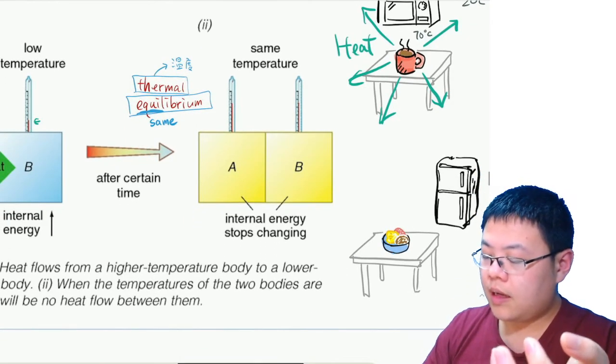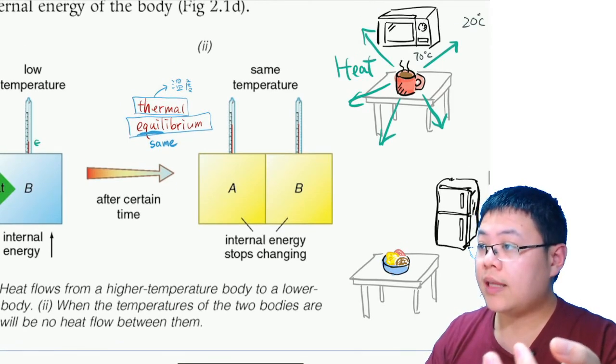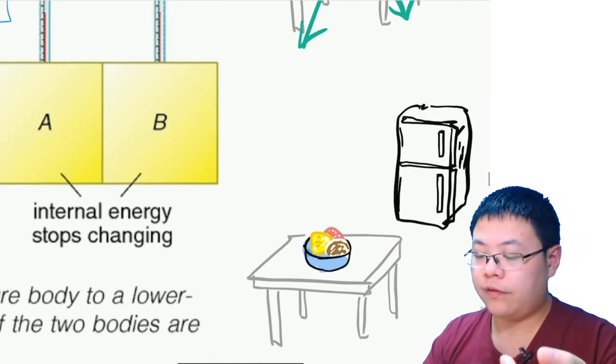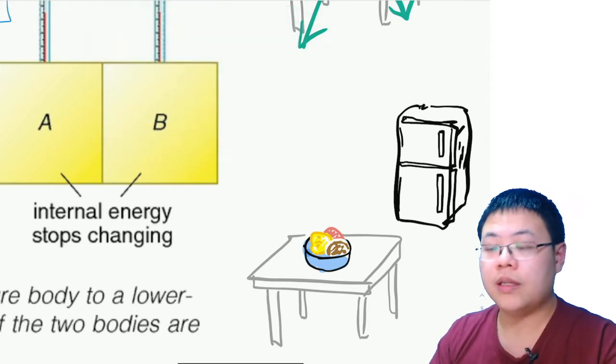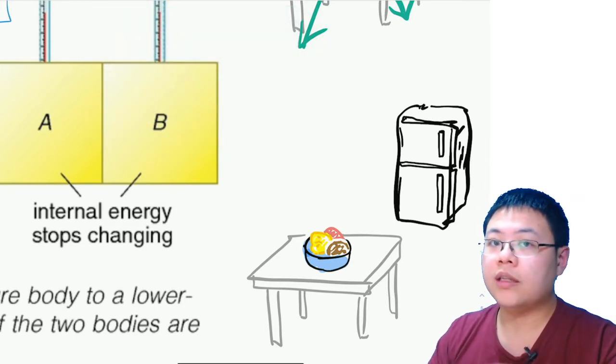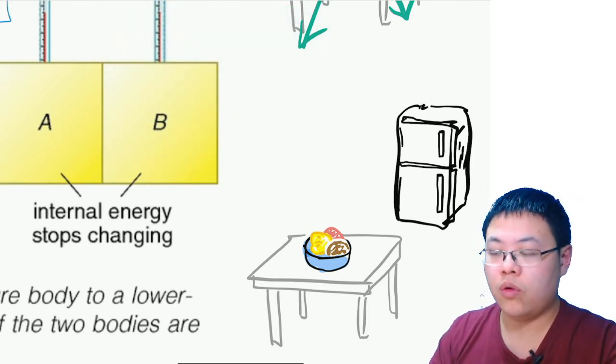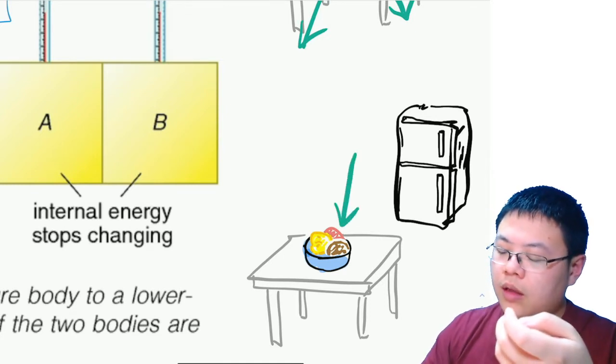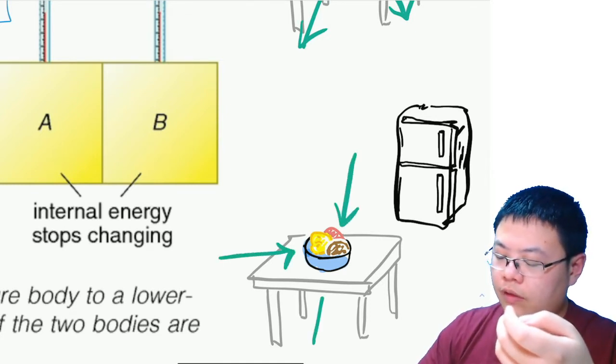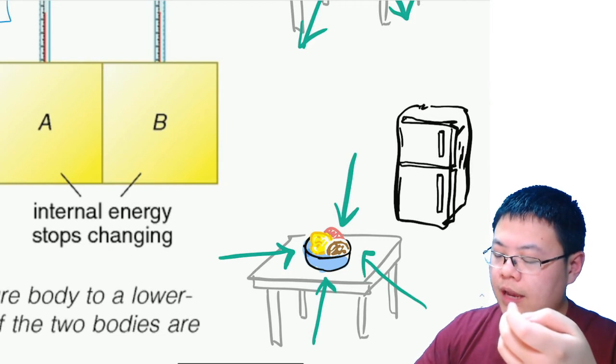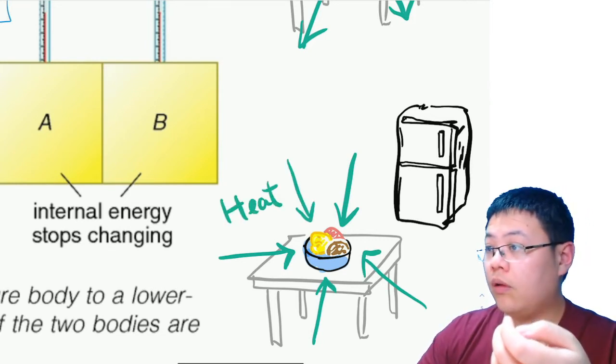And then another case, if you get the ice cream from the fridge, the ice cream is cold and the environment is hot compared to the ice cream. So the direction of heat flow is from the environment into the ice cream. This is the heat flow.